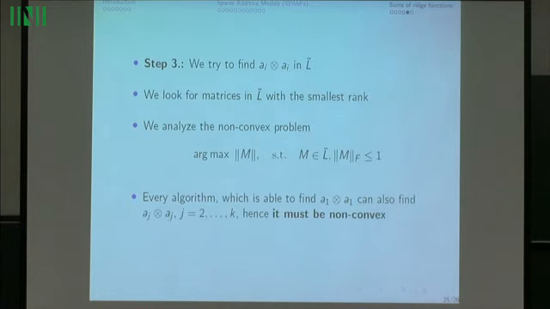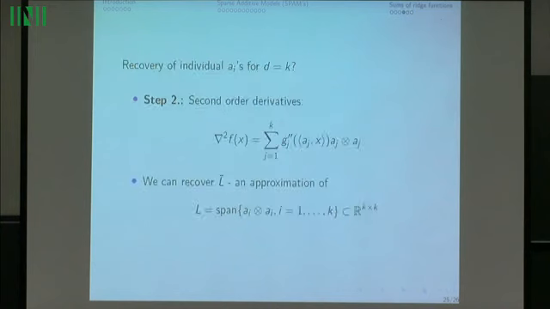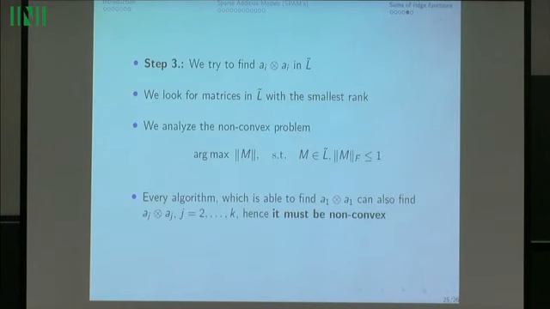And for that we proposed a non-convex algorithm which maximizes the spectral norm among the matrices which have unit Frobenius norm. So this is non-convex, but that's actually inherent in the problem, because if you start to look for one of the a's, you have no idea which of them you find first. So actually any optimization problem here must have different solutions, so it must be non-convex.